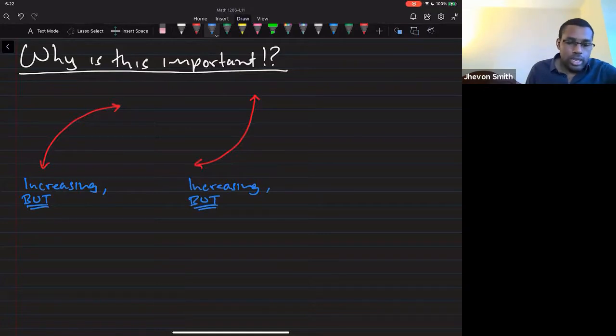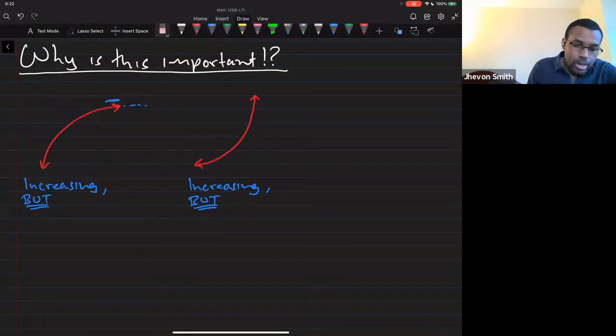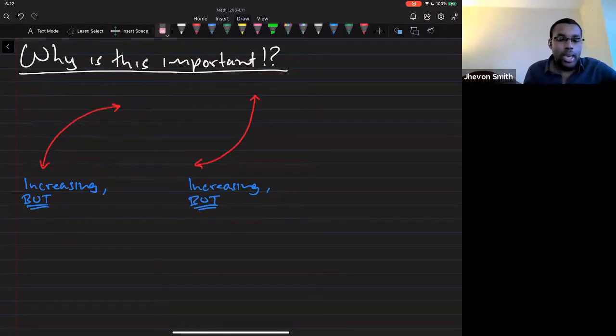However, what you'll notice is that this one is increasing at a slower rate over time. It increases by a lot in the beginning, and then it increases by a little bit here. If we were to plot this over here, like the y-axis, you realize that in a very short period of time here, the increase is much larger, and in the same window of time over here, the increase would be much smaller. You can imagine that there's a y-axis over there measuring how high you're going. This one over time will go higher by less within the same time period.